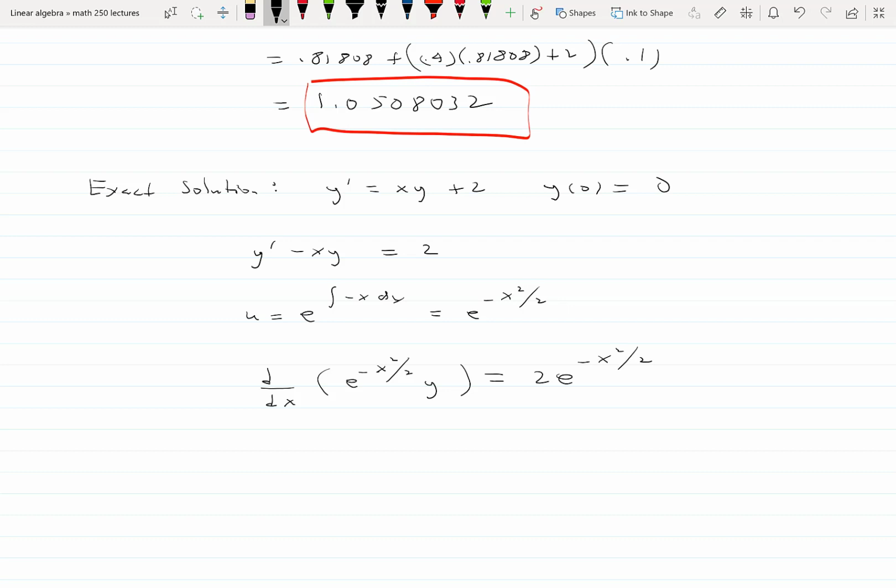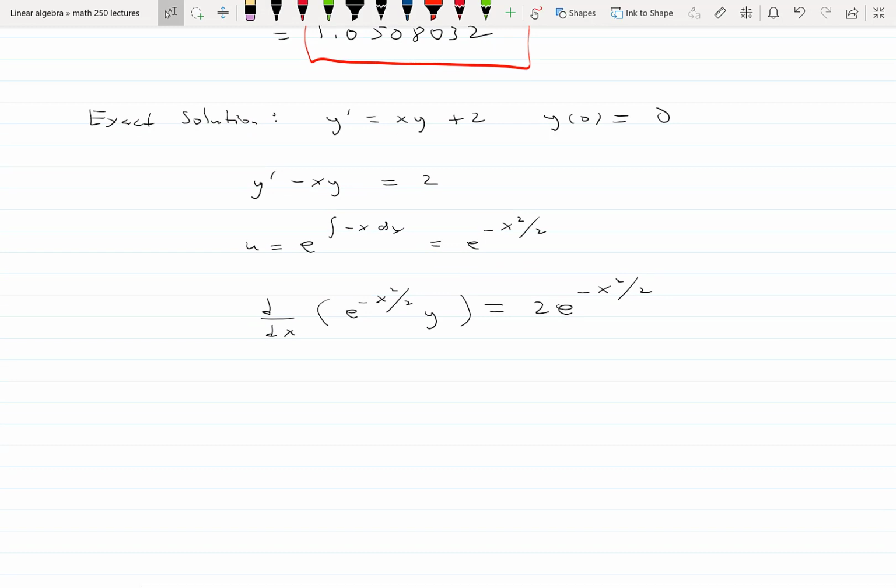This is not a nice case at all. We looked at one of these cases before. We can't integrate e to the negative x squared over 2. So the little trick I showed you a couple video segments ago was to switch to the variable t all around.